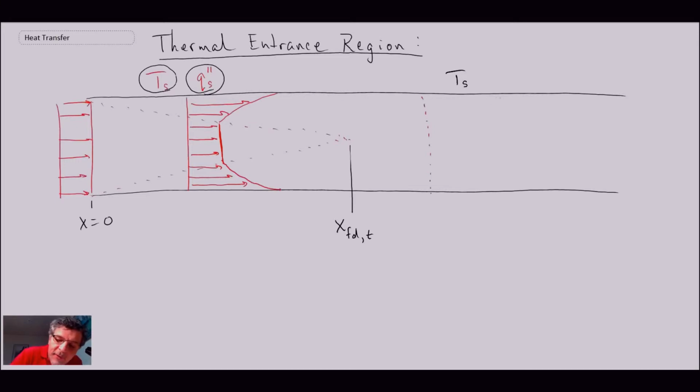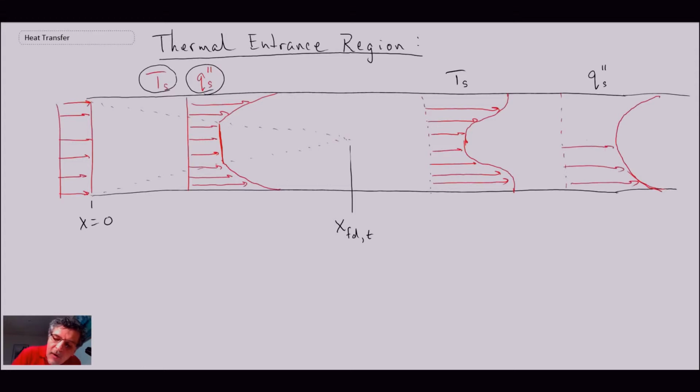The temperature profile for a constant temperature boundary condition will look something like this. And then the case of constant heat flux would look something like that for the temperature profile.